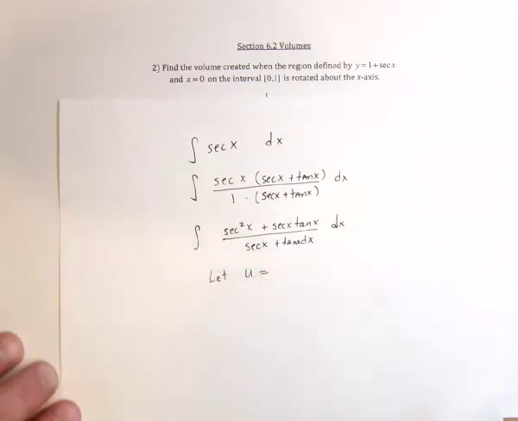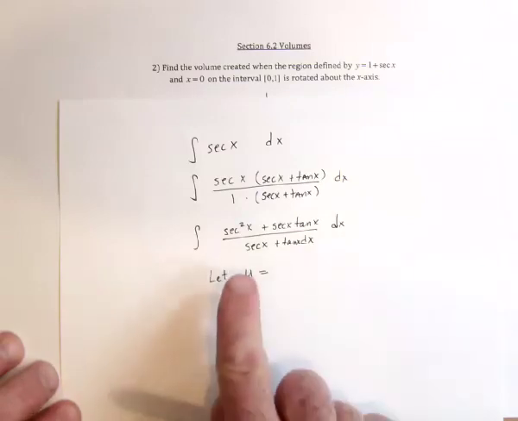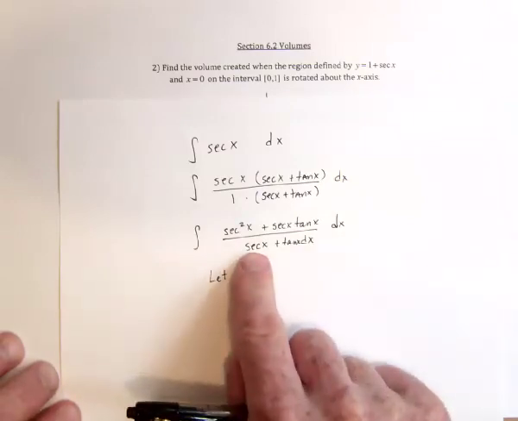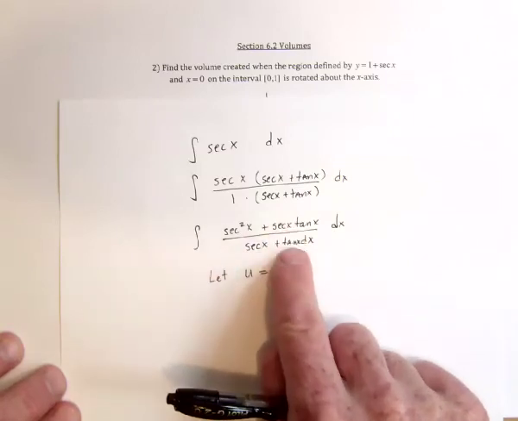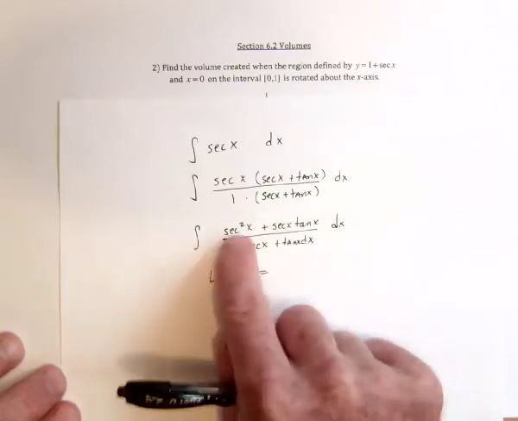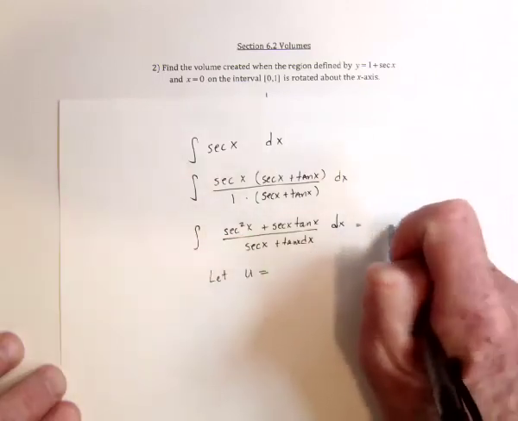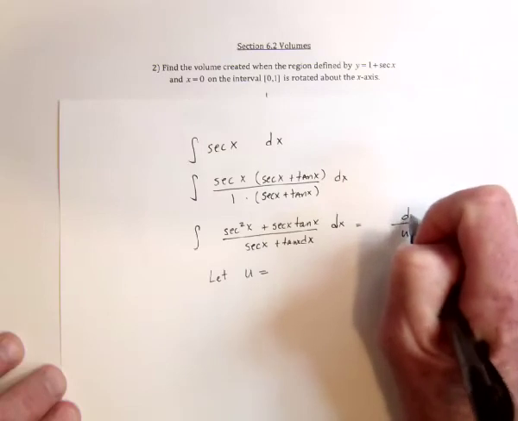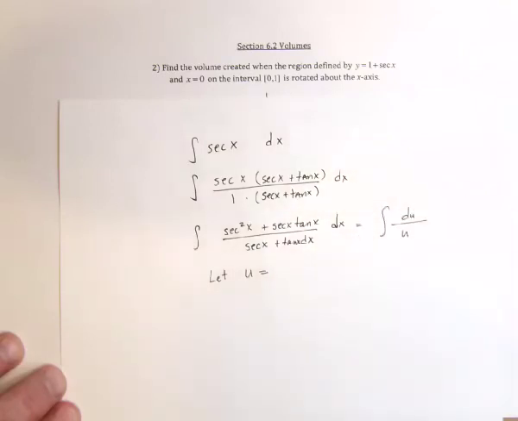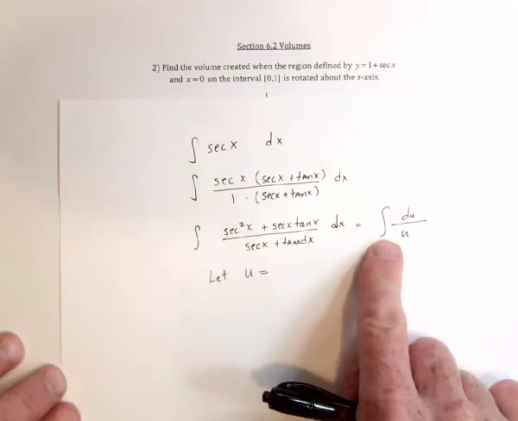Let u equal, and here it comes. So the derivative of secant is secant times tangent. The derivative of tangent is secant squared. So we essentially have whatever is in the denominator, we have the derivative of it in the numerator. And then the antiderivative of that is the natural log of u.